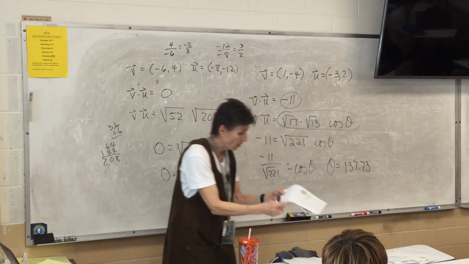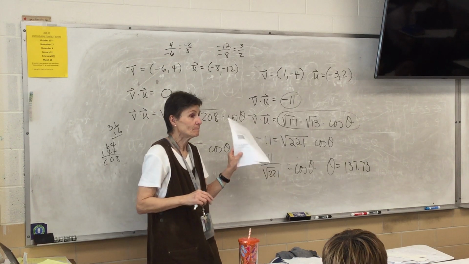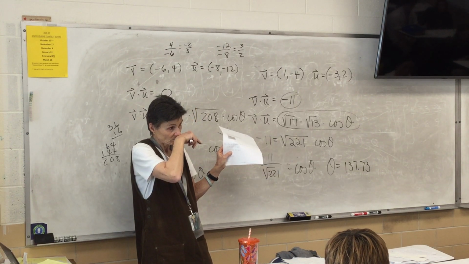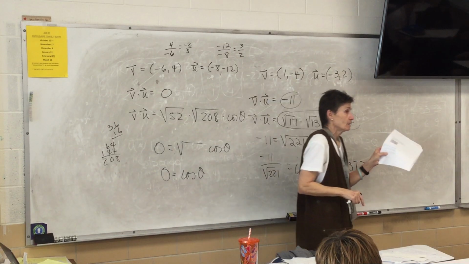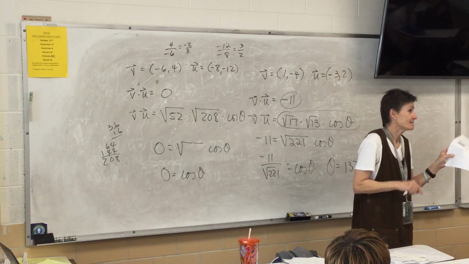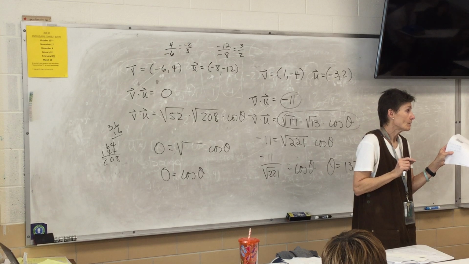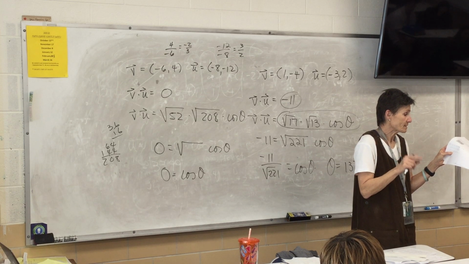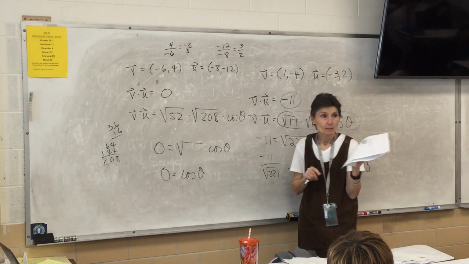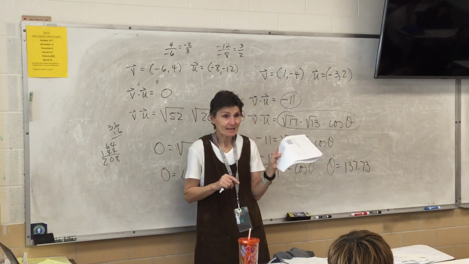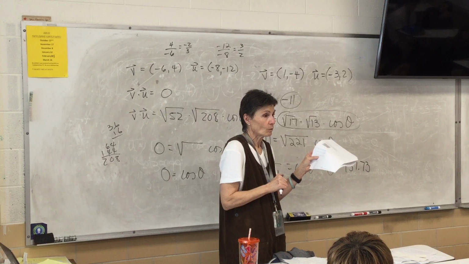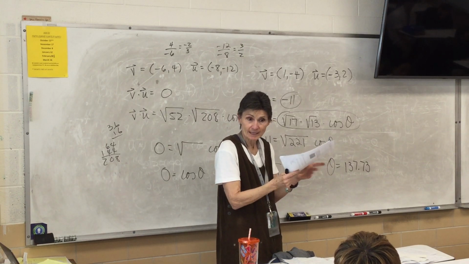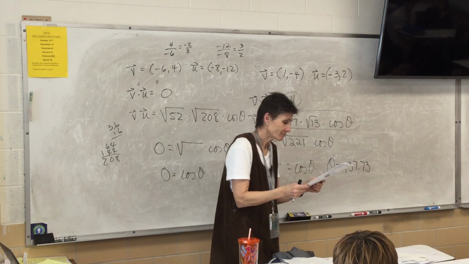Didn't we get a 0 on problem 1b? What's the slope of vector v? The slope of vector v is negative 4/3. What's the slope of vector u? 6/8, 3 over 4. So, yeah, those were orthogonal also. We didn't realize it at the time, but they are.